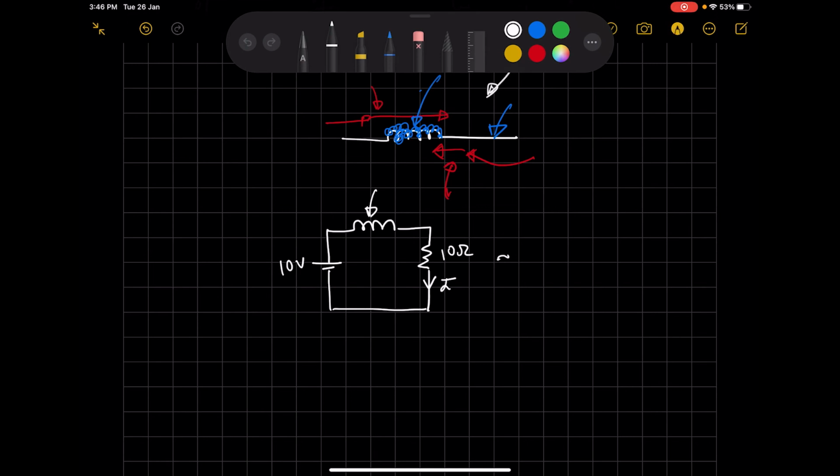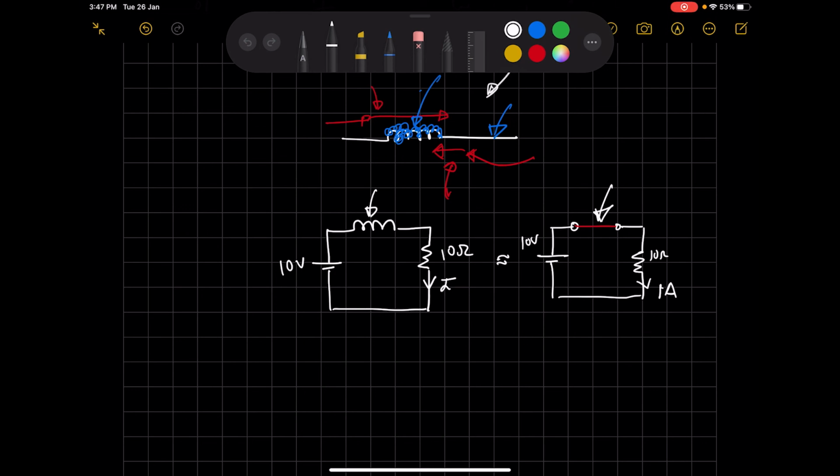So this can be thought of as this circuit where the inductor is replaced by a short circuit, with a current equal to 10 volts by 10 ohms, that will be 1 amp, for all practical purposes.